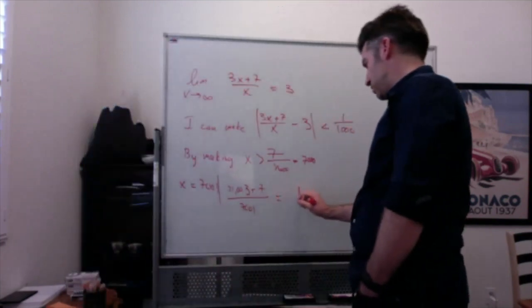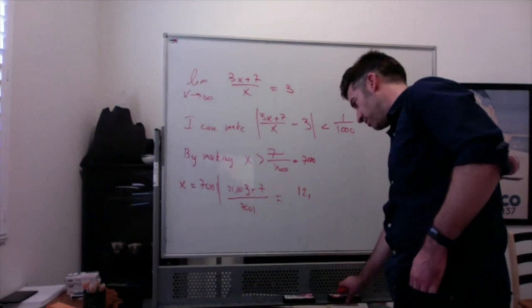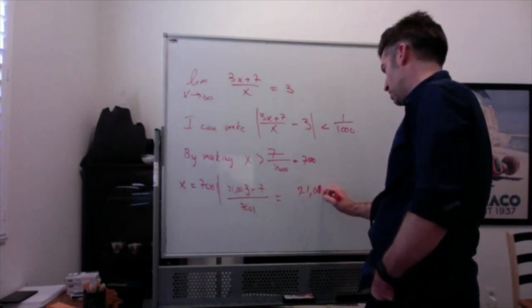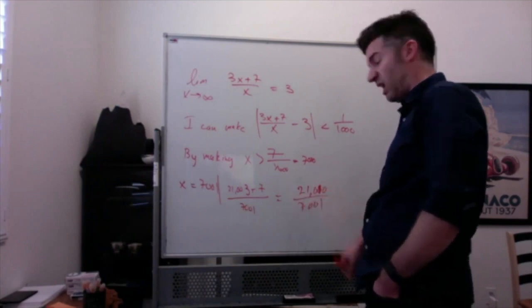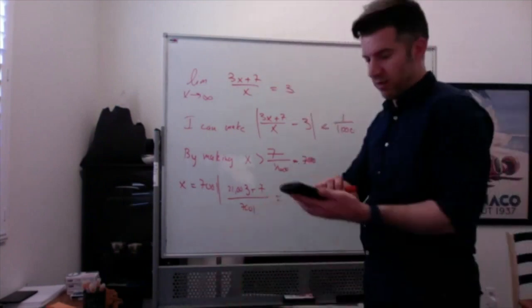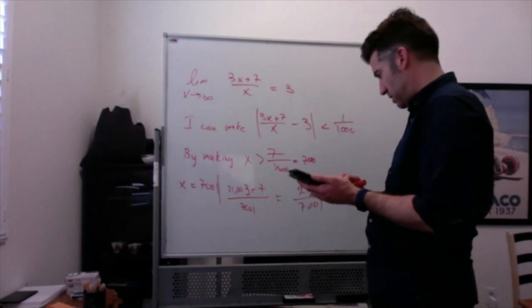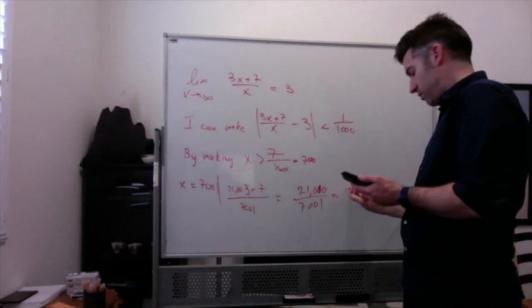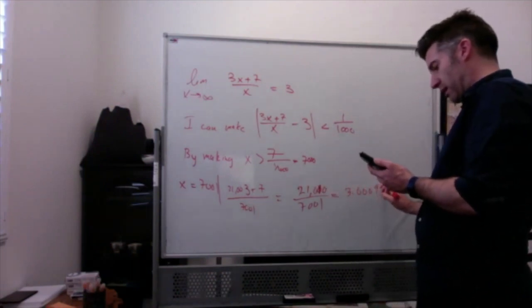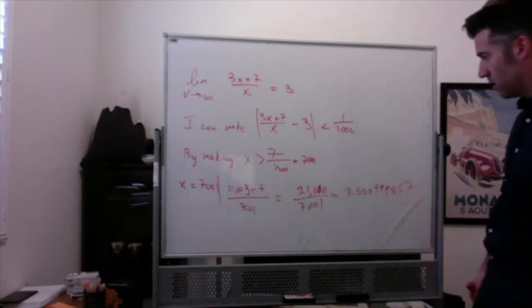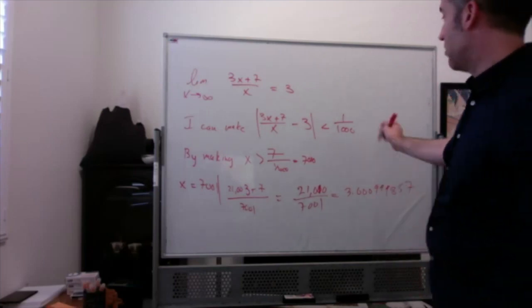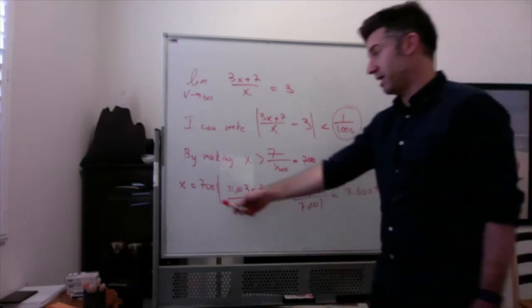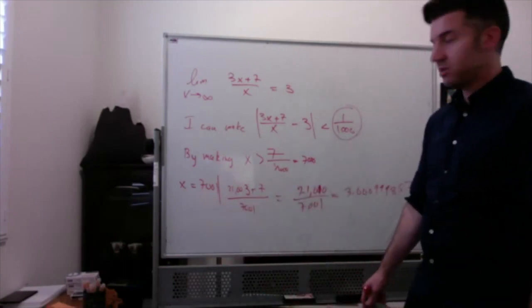And that's going to be 21,010 over 7,001. I definitely need a calculator for that. Doing that division, 21,010 divided by 7,001, I get 3.000999857.